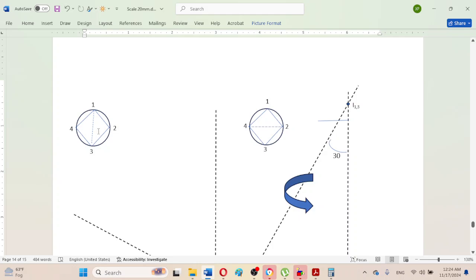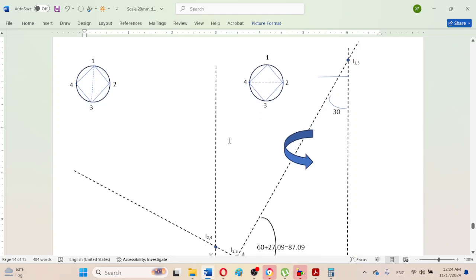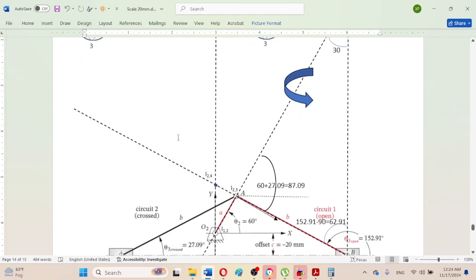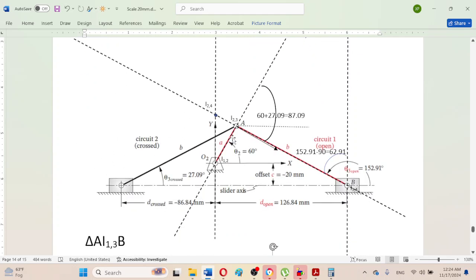So the same line graphs will be used. Here I can label the instant centers for this left circuit.